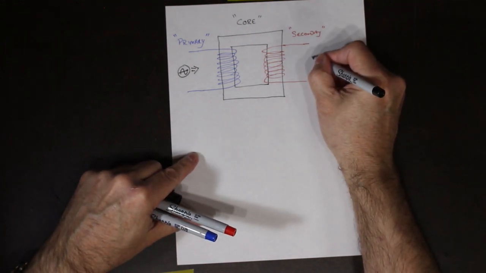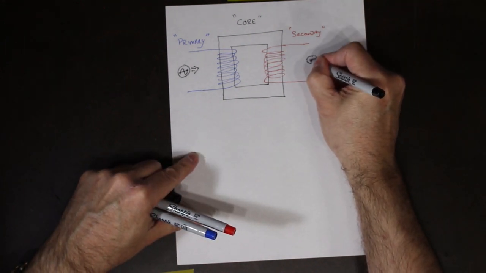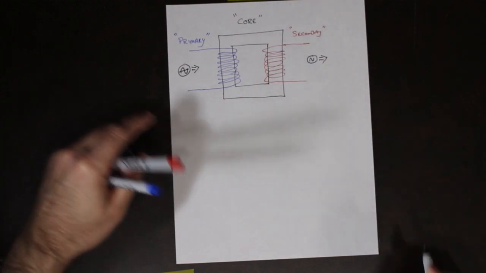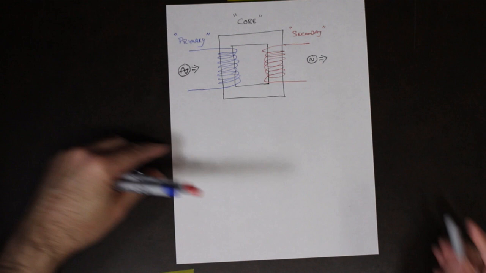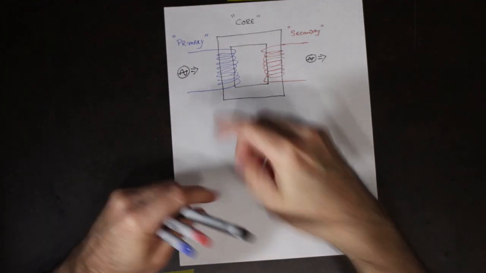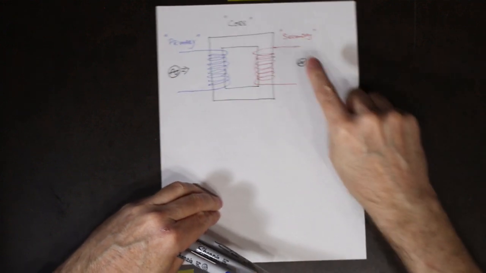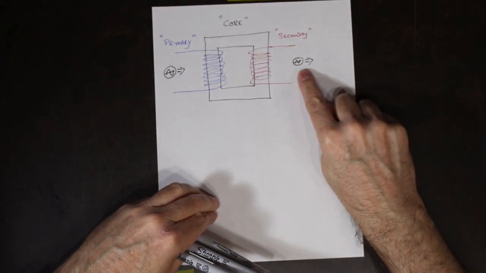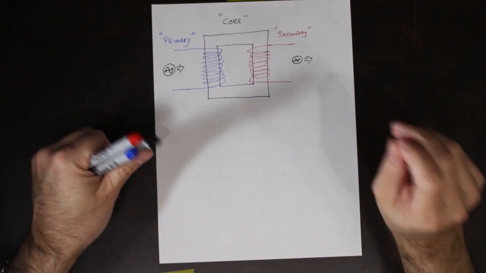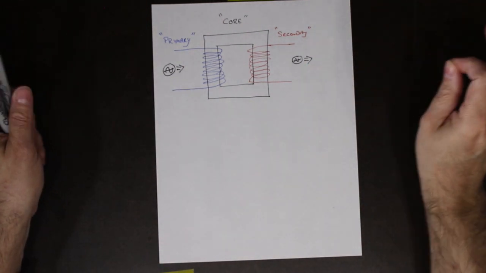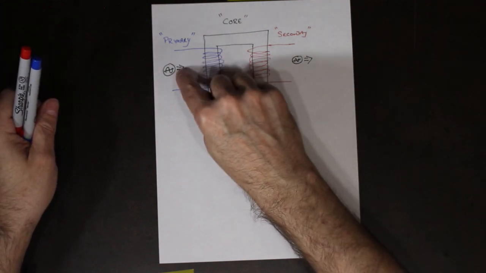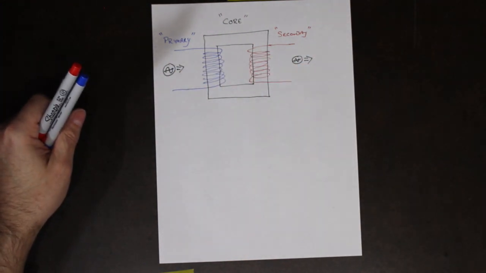What we get on the secondary side is AC coming out of the transformer. Now, again, it's electrical energy, electrical energy. What's the difference? Well, the difference will be in the values of voltages and currents as they appear on the primary compared to the secondary side.